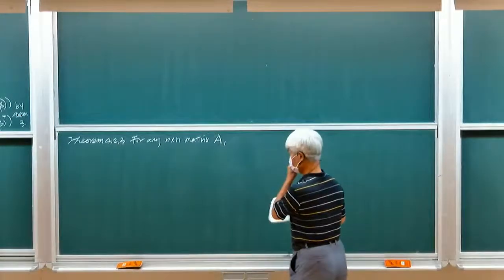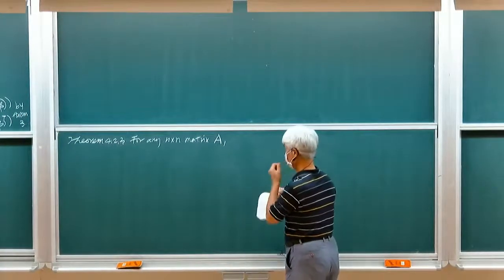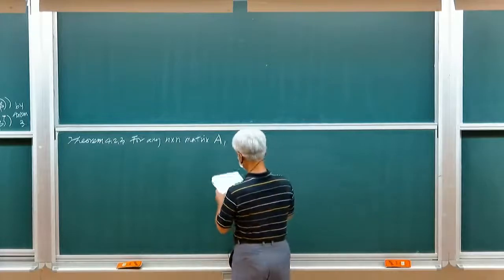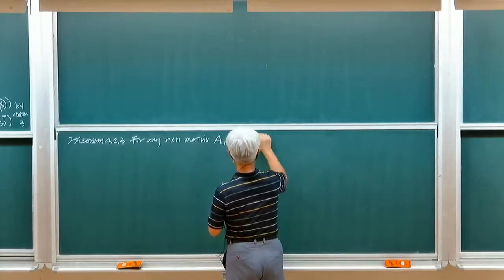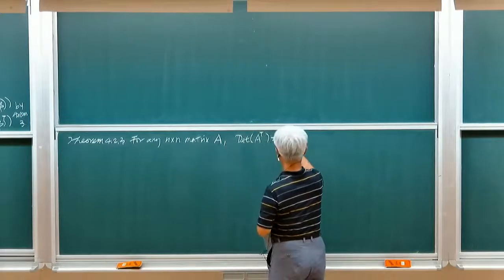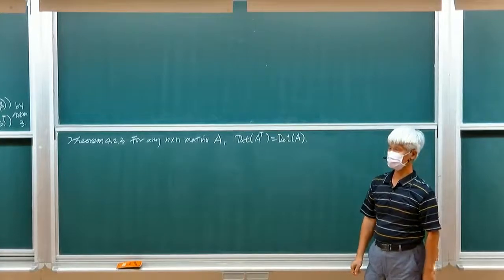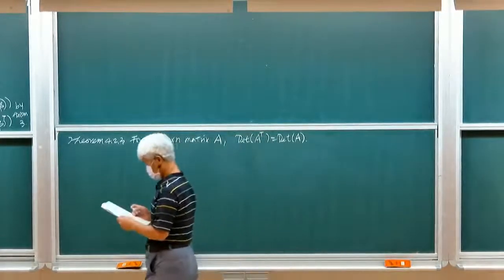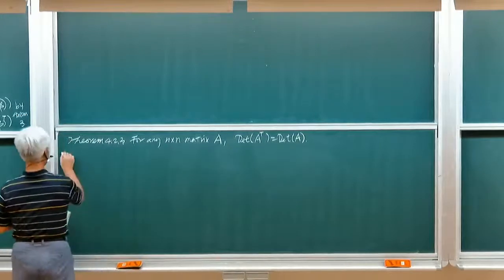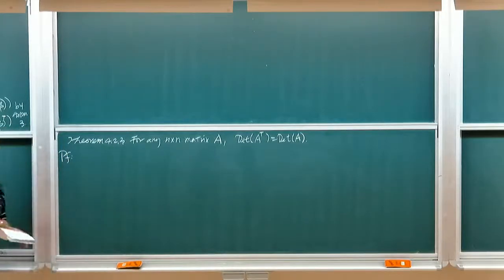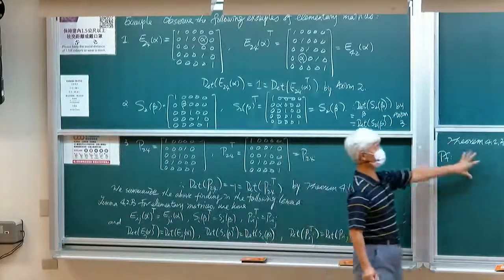So for any n times n matrix A, the determinant of A transpose is equal to the determinant of A. Okay. Right. So we need to prove this extension. It's true for elementary matrices, but we have to extend it to arbitrary matrices.